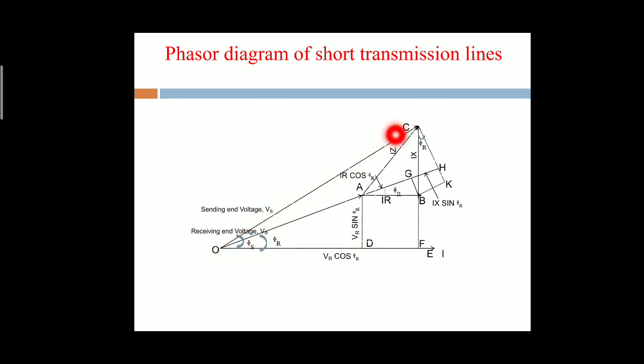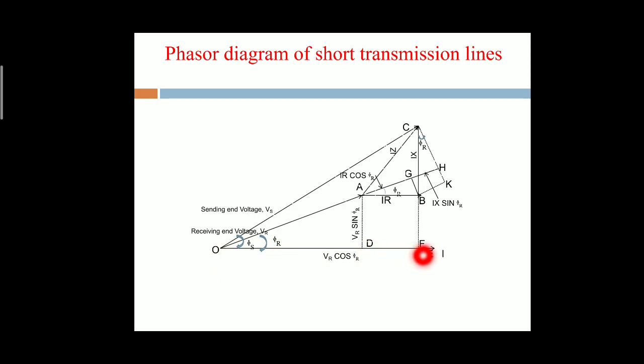This is the triangle OCF. The formula for the hypotenuse is equal to the opposite side square plus adjacent side square. What is the opposite side? That is FC. What is the adjacent side?